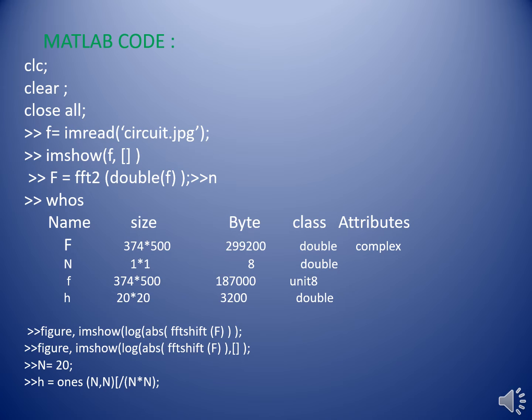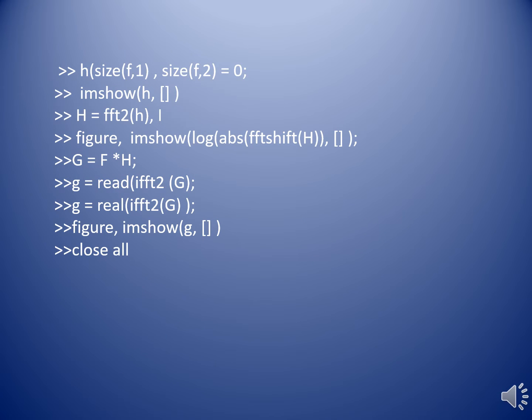Now we filter it with a box filter of size 20 by 20. So we will create a filter of size n by n, and we will normalize it so that the total is equal to 1. The result is only 20 by 20, but we want it to be the same size as our input image.